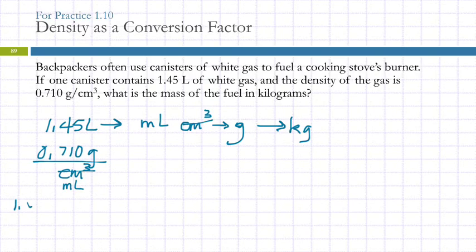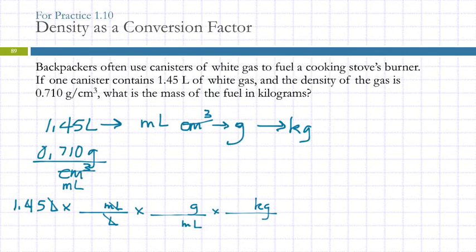So 1.45 liters, 3 arrows, 3 factors, 1, 2, 3. Liters to milliliters to grams to kilograms. Liters goes down there, so they cancel.